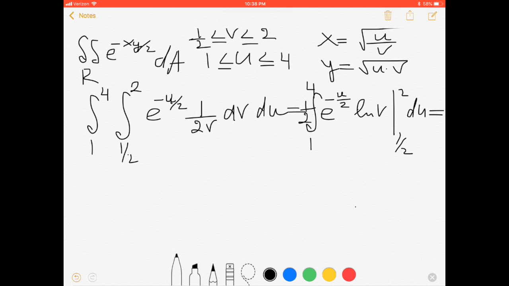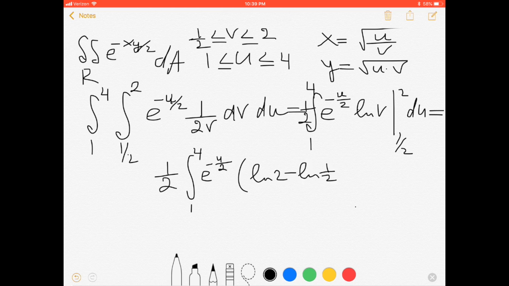And then we have the natural logarithm of v. It will be 1/2 integral from 1 to 4 of e to the negative u over 2, and then we have ln 2 minus ln 1/2, du. Well, do you remember ln 1/2? It's minus ln 2.